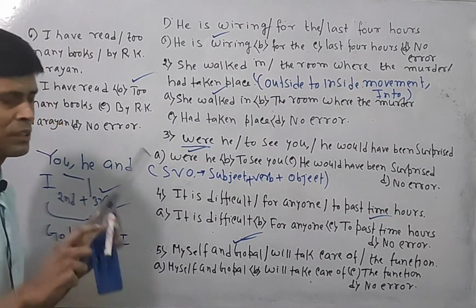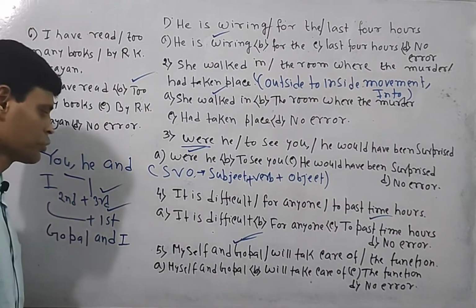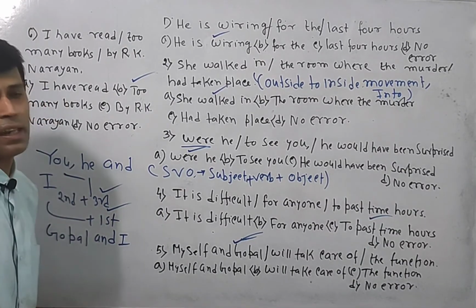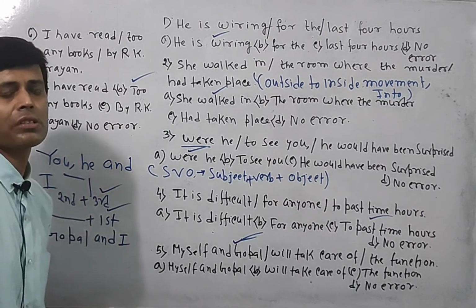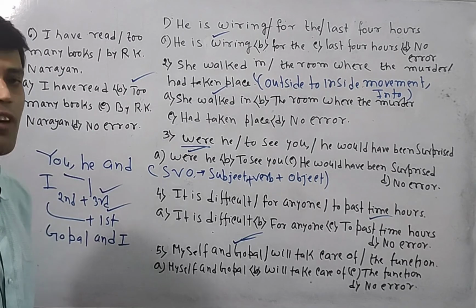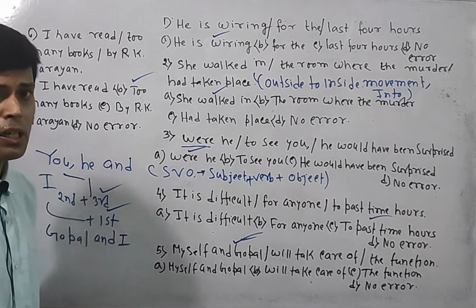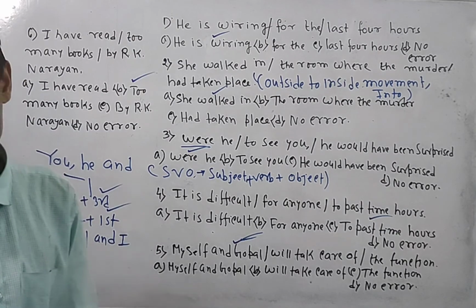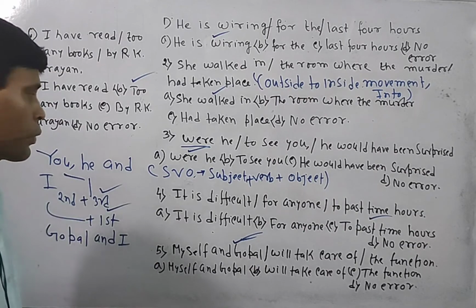So this is the construction. Myself and Gopal, this is the wrong construction. Instead of myself and Gopal, it should be Gopal and I. First and foremost, you should know the self word cannot function as subject at all. It functions either as reflexive or emphatic pronoun, depending on the syntax of the sentence, or you can say how the sentence is used.